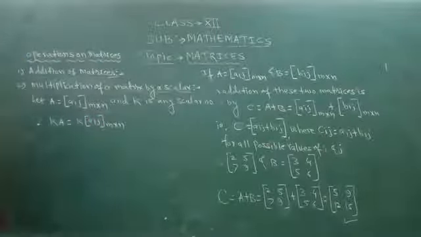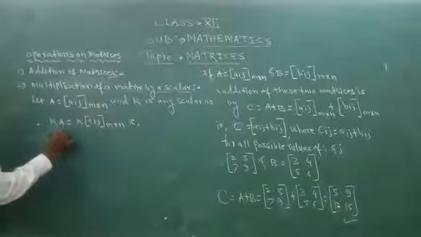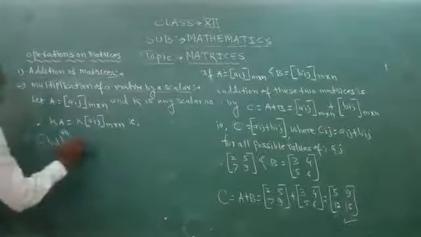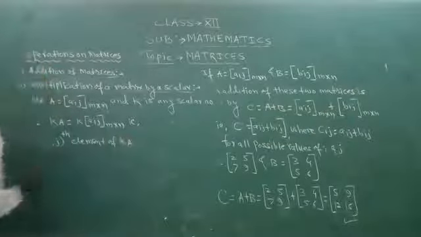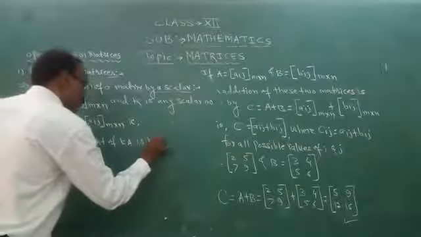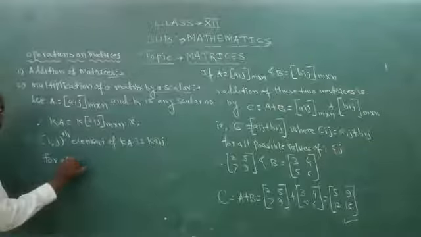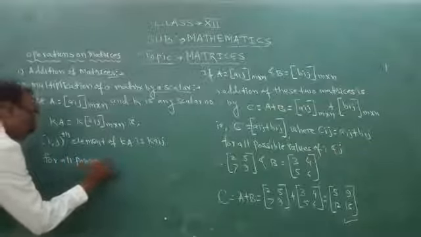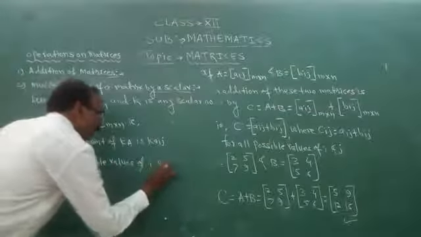That is the ijth element of kA, the element of k into A, kA is k into Aij, for all possible values of i and j.